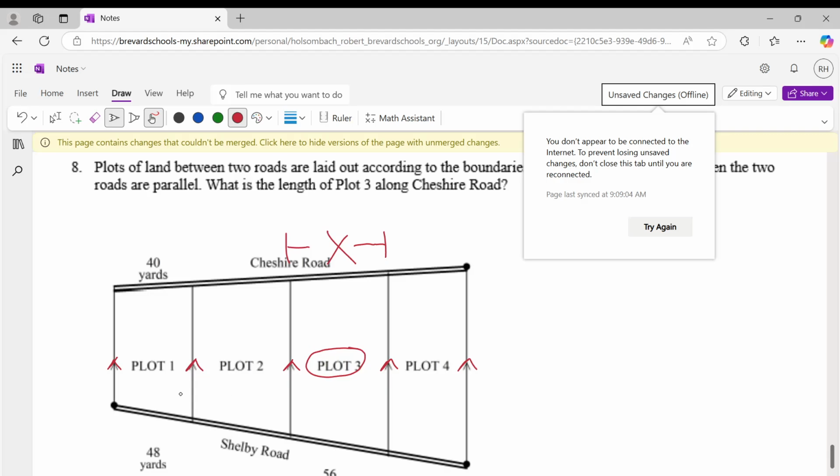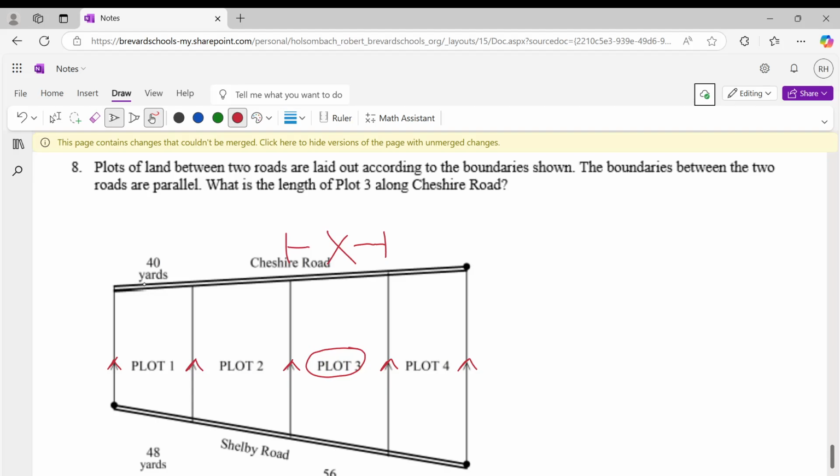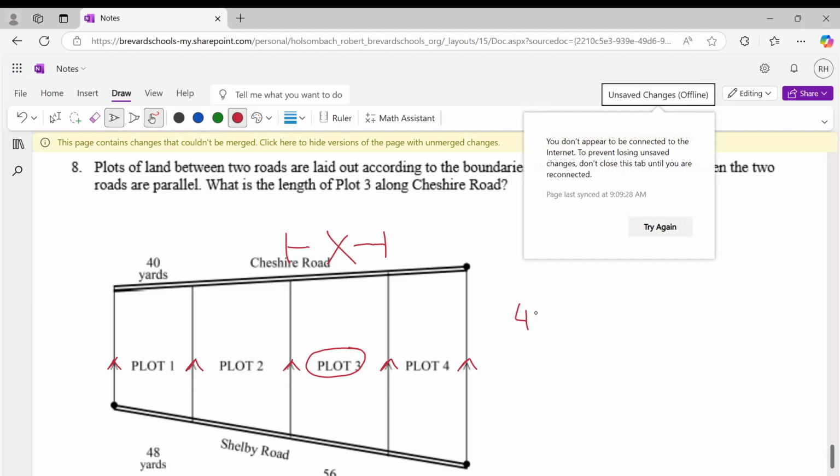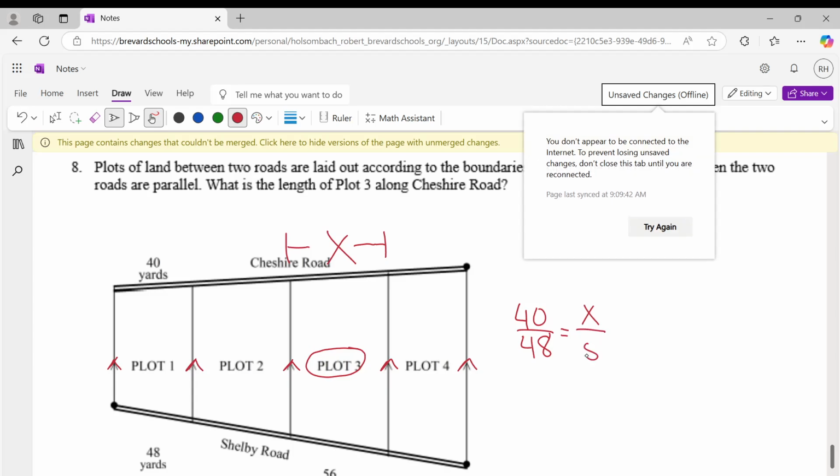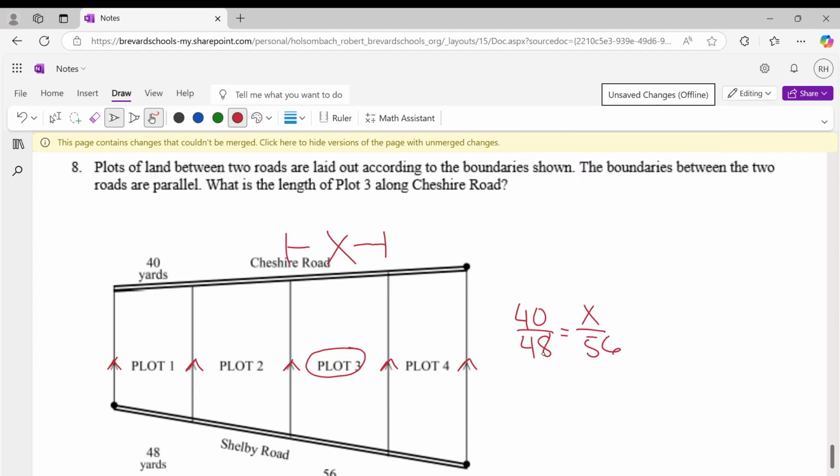So we're going to write a proportion. For plot 1, we're going to take Cheshire over Shelby, so 40 over 48. And set it equal to plot 3, Cheshire over Shelby, so x over 56. Crisscross multiply, so 48x is equal to 2240.